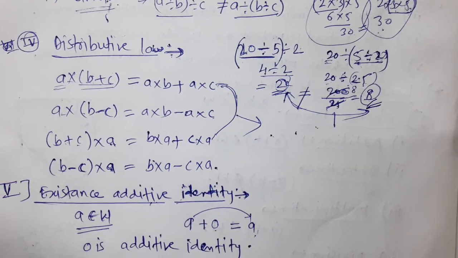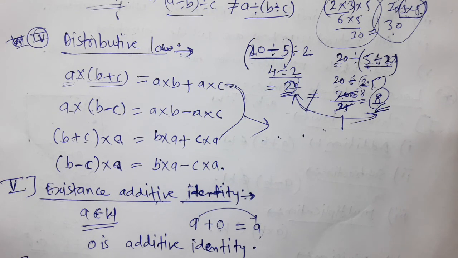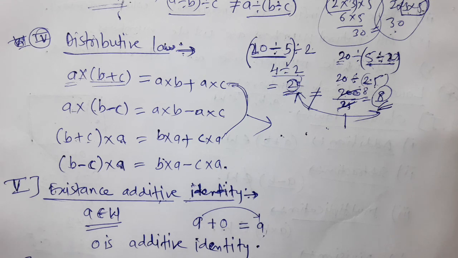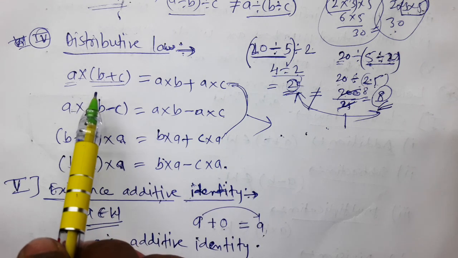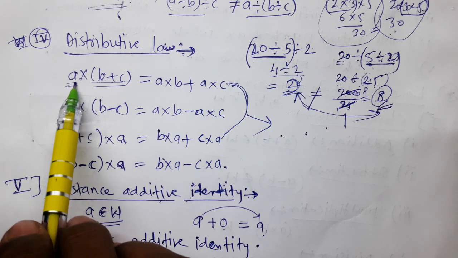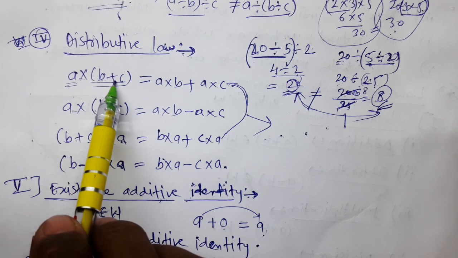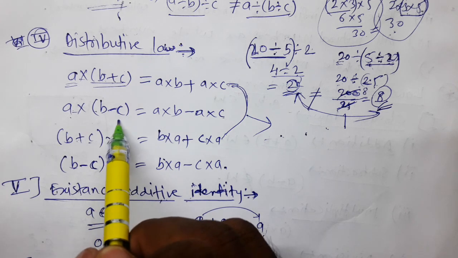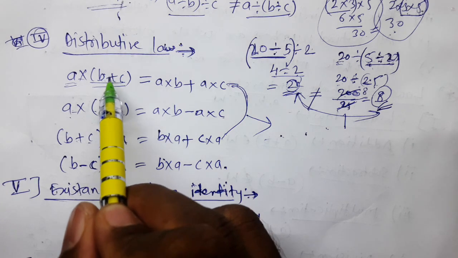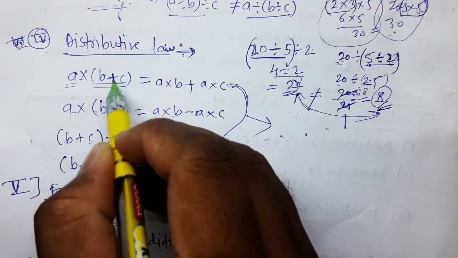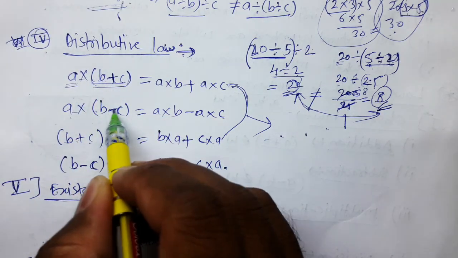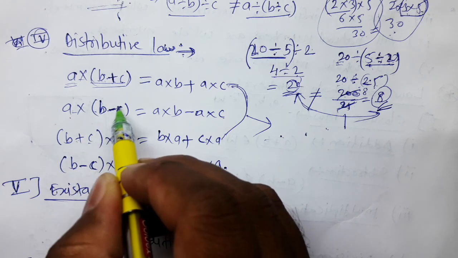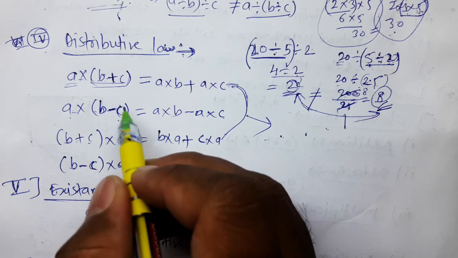Next law is the distributive law. In distributive law, there are two laws: distributive law of multiplication over addition and distributive law of multiplication over subtraction. Over addition we put the plus sign in the bracket, and for subtraction we put the minus sign in the bracket.